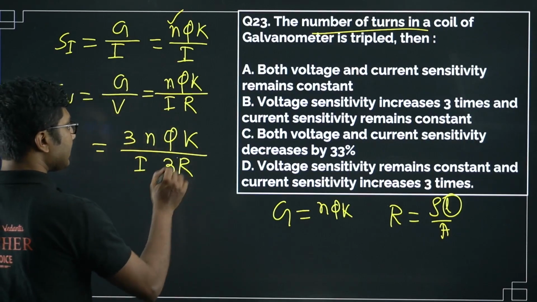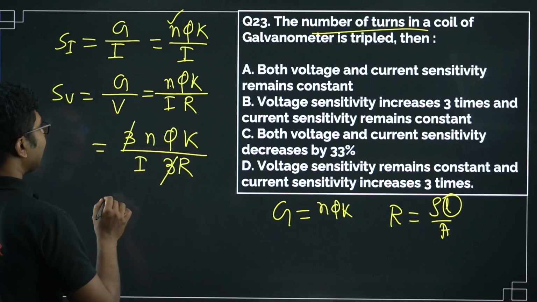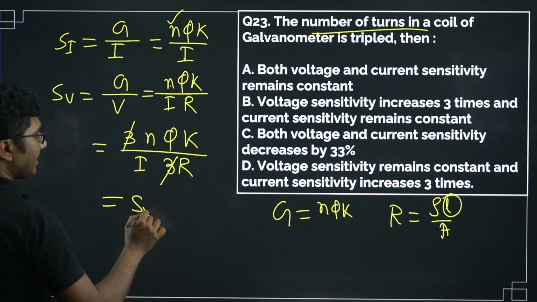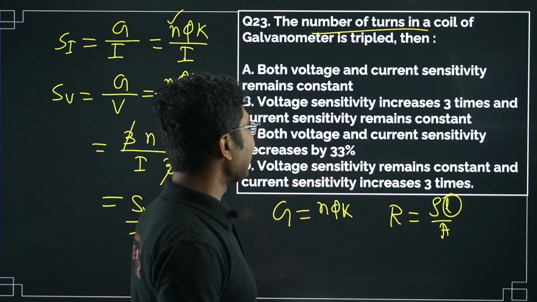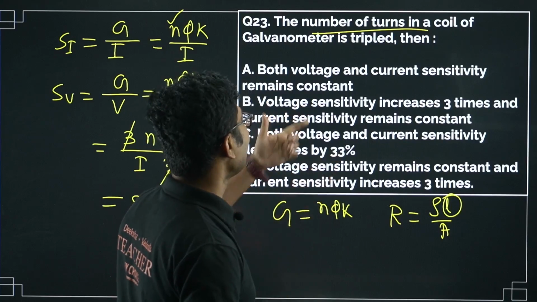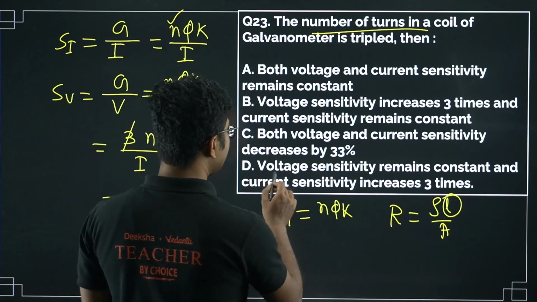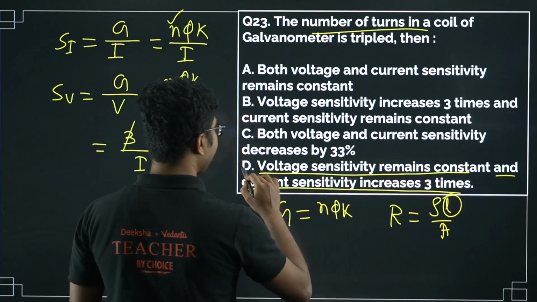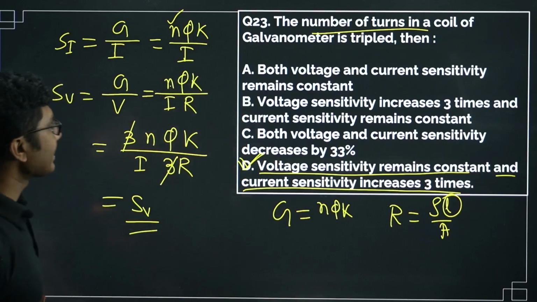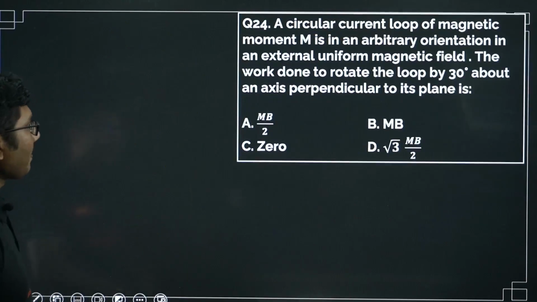So resistance will increase, and voltage sensitivity remains the same, but current sensitivity increases 3 times. Option D is correct. Very interesting question, a logic question.